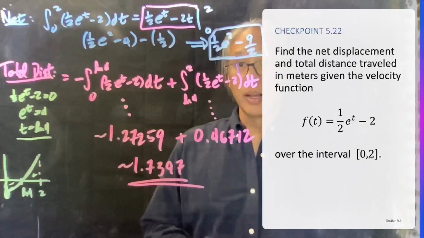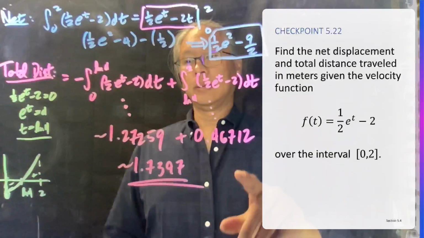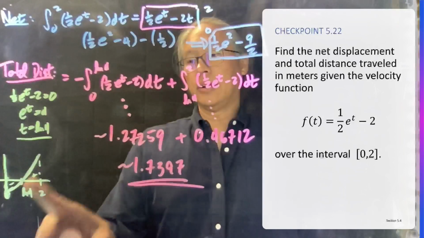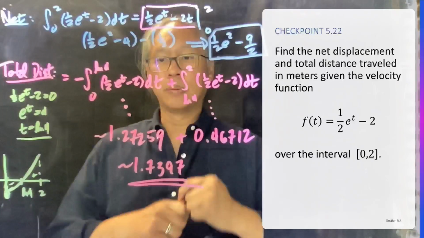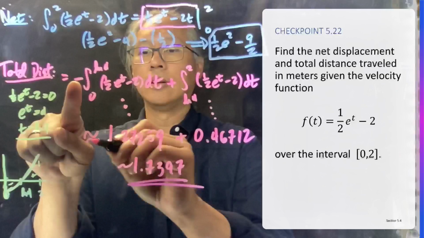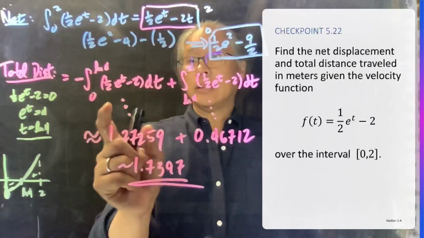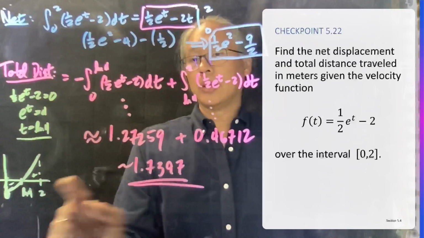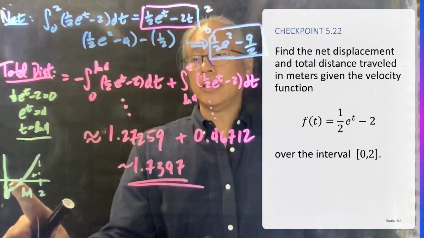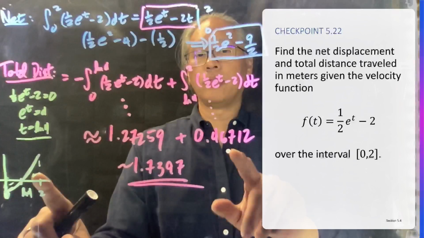Okay. So this is this negative area here. It's not negative because the negative here made it positive. So anyways, the integral from 0 to ln of 4 gave us 1.27 something, which means the area here is probably bigger than the area that we found over here, which is only 0.4.